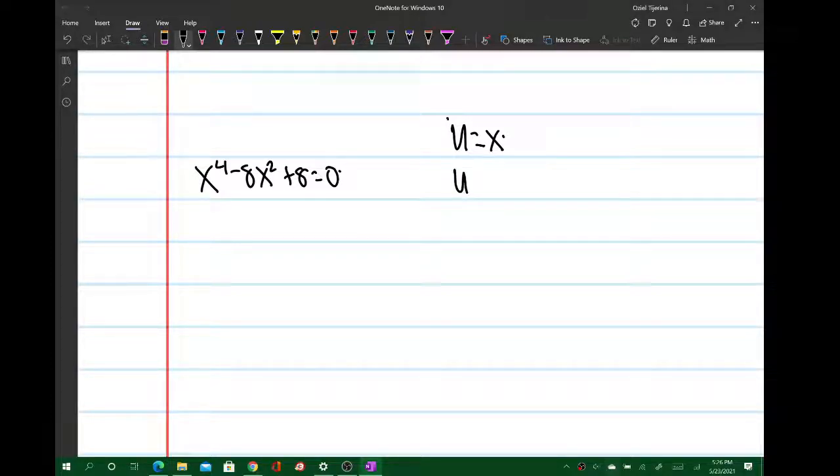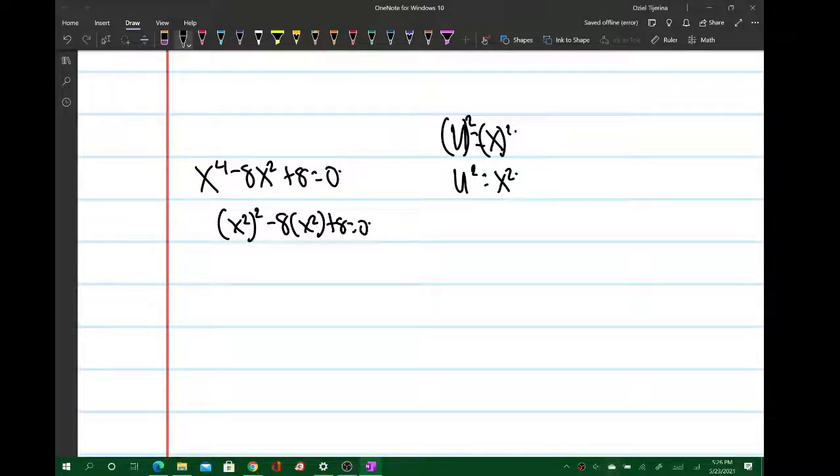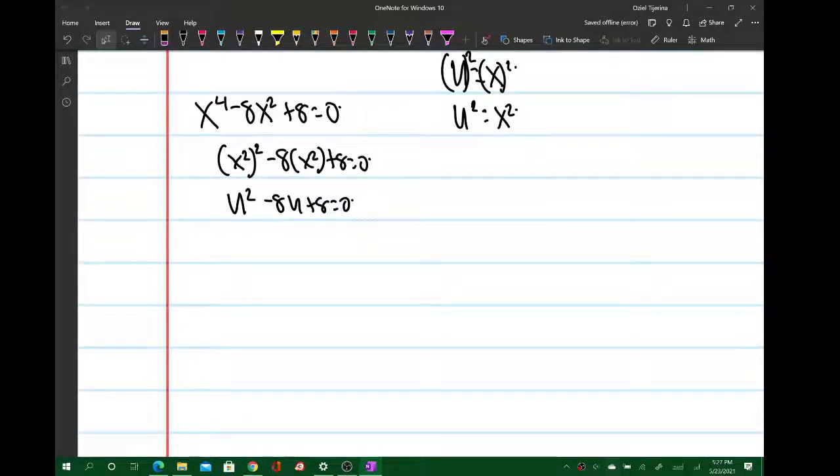So if I square both sides, I can say u squared equals x to the fourth. So that means I'm going to have x squared quantity squared minus 8 times x squared plus 8 equals 0. That gives me u squared minus 8u plus 8 equals 0.